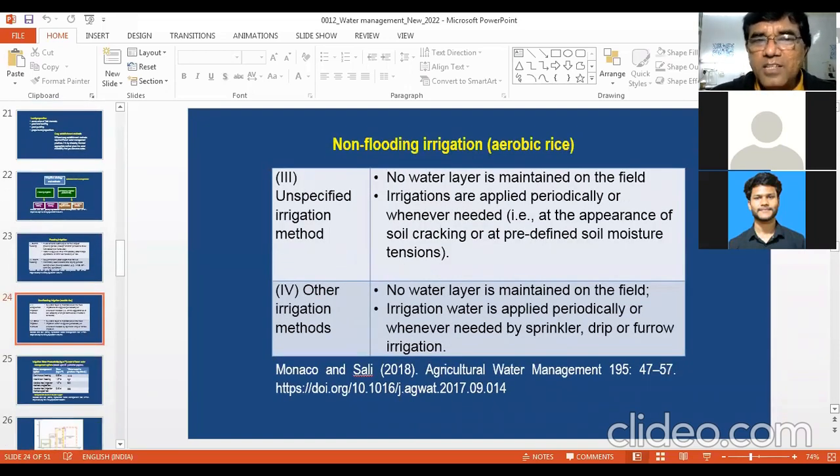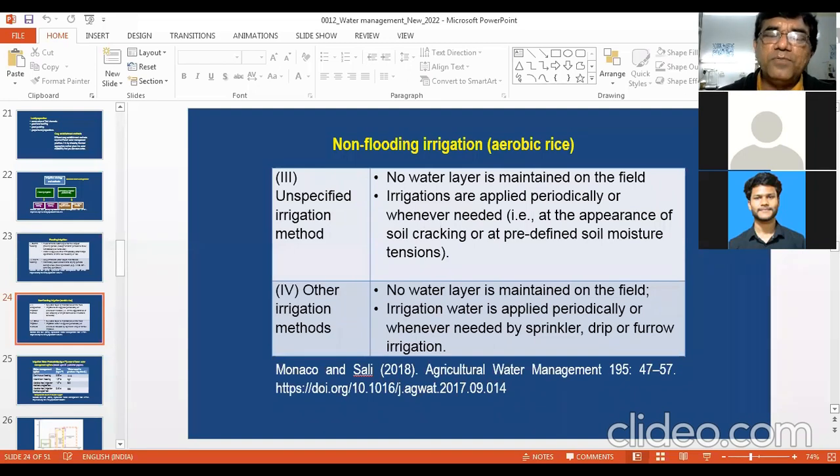Number 3, unspecified irrigation methods. They reviewed certain papers, and in those papers the method of irrigation was not mentioned or was not clear. No water layer is maintained on the field. Irrigations are applied periodically or whenever needed, at the appearance of soil cracking or at predefined soil moisture tensions.